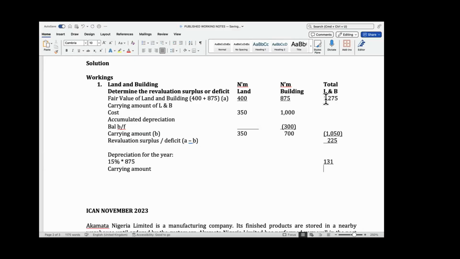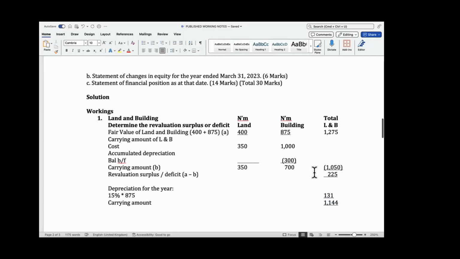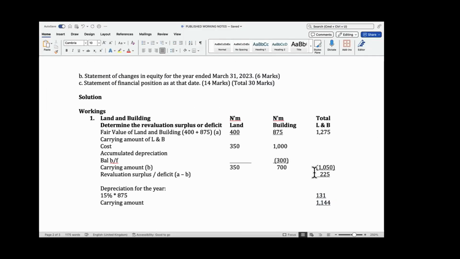So what's my carrying amount? What's 1275 minus 131? 1144. And that's the carrying amount of your land and building. So look at the way we carefully set it up.